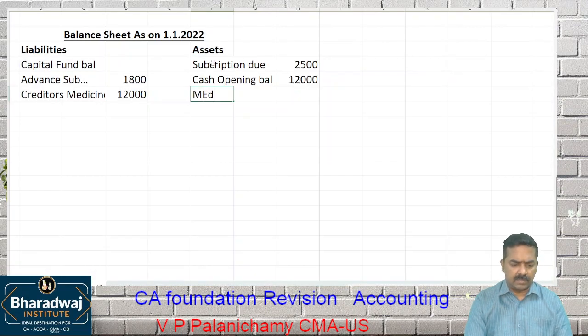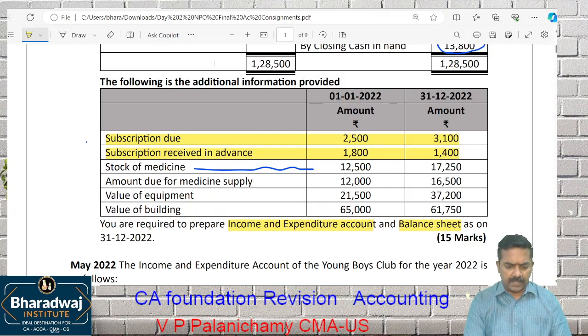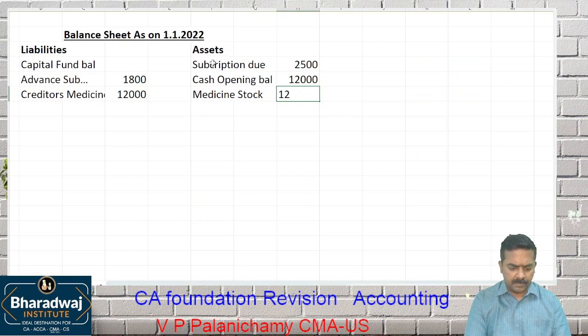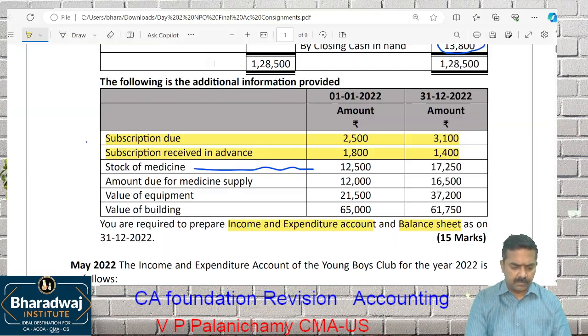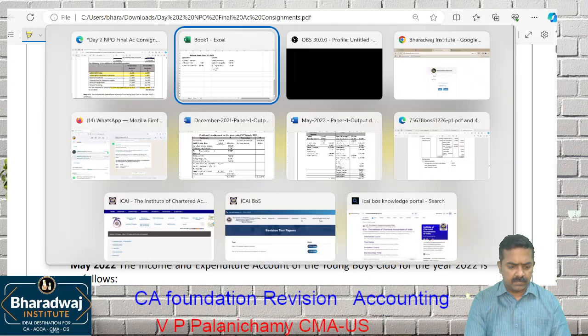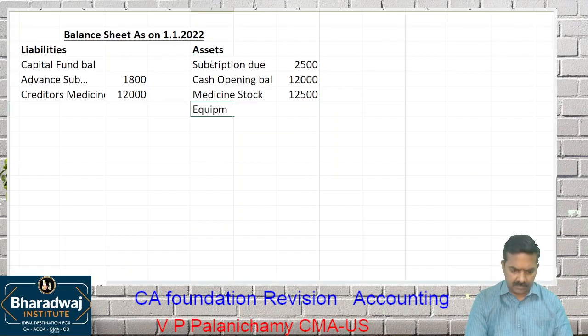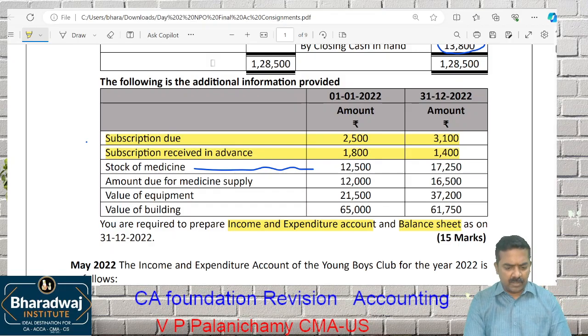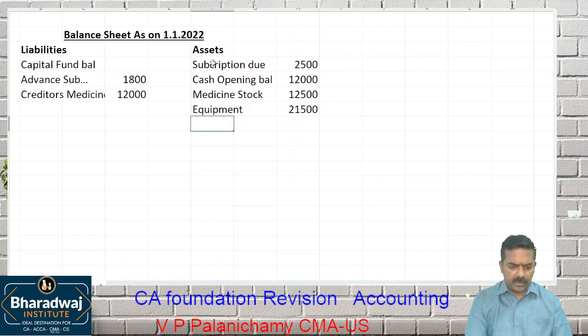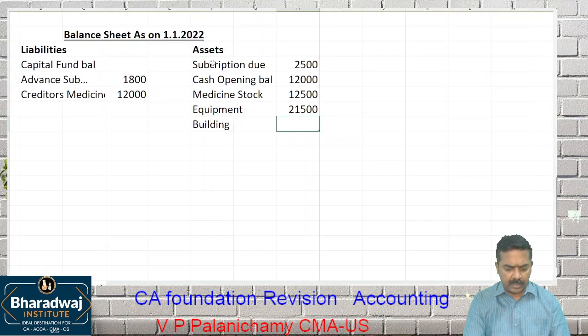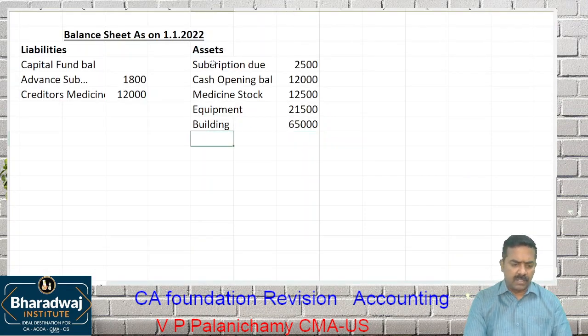Medicine stock opening balance 12,500. அப்புறம் opening balance இருக்கா? Equipment எவ்வளவு இருக்குங்க? 21,500. Then building, please take it along with me, no need to wait, 65,000.